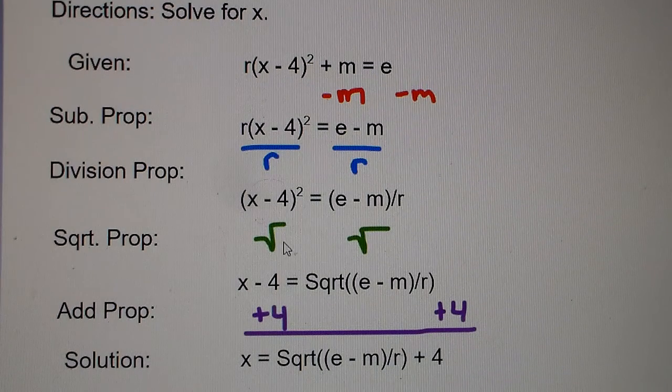The squared and the square root cancel out, so you get x − 4 is equal to plus or minus the square root of ((e − m)/r). Then to move that minus 4 to the other side, I add 4 to both sides, and I get x equals plus or minus the square root of ((e − m)/r), plus 4. That's how I get that answer.